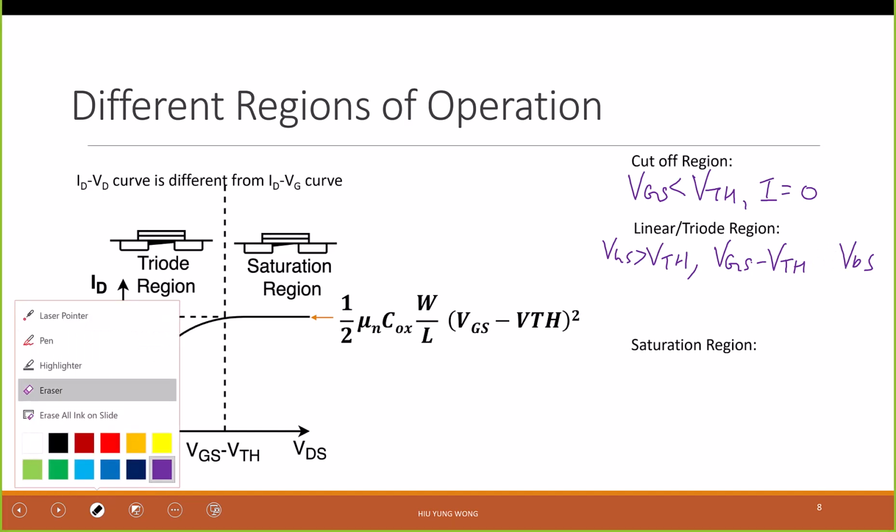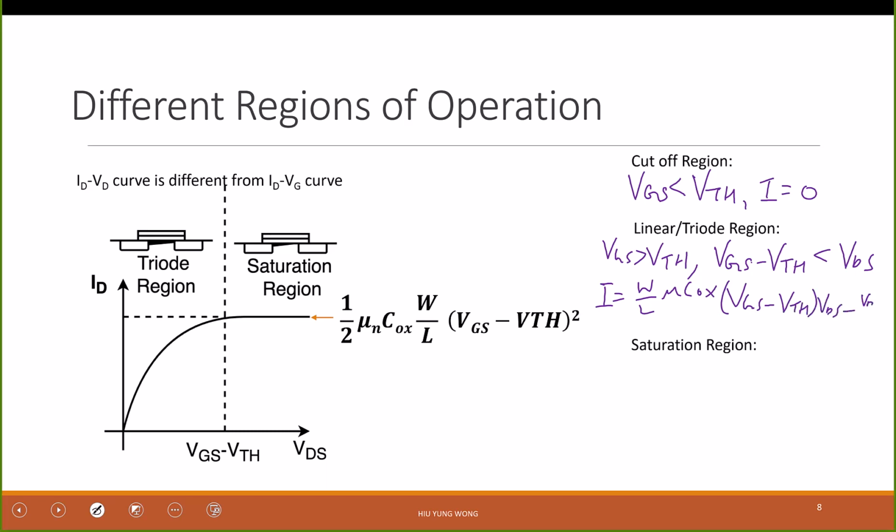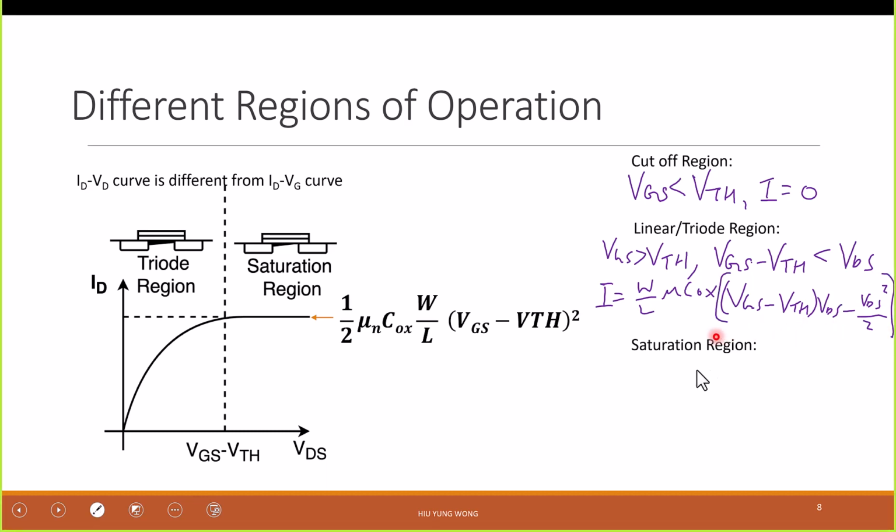Yeah, smaller. Smaller than VDS. That is the triode region you just mentioned, right? We call it linear or triode, which is W over L, mu C ox, VGS minus VTH times VDS minus VDS squared divided by 2. Right? We derived this, right?